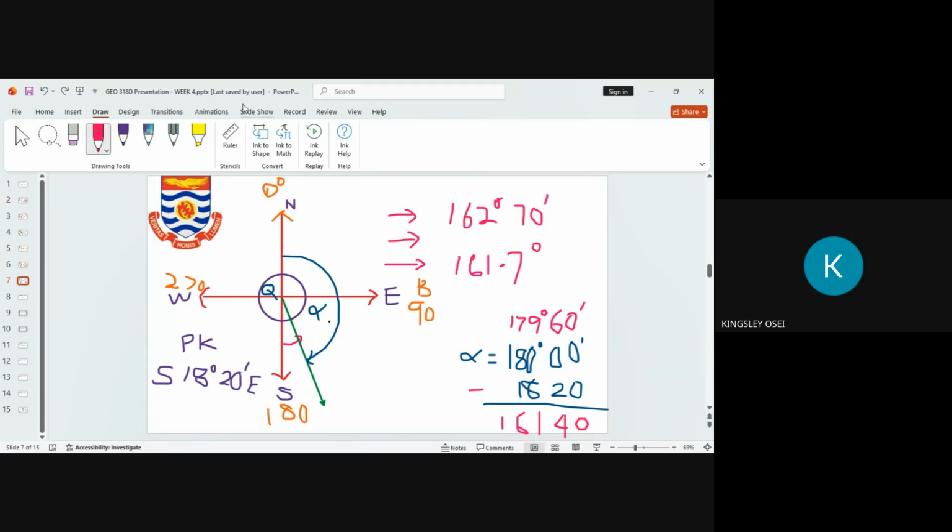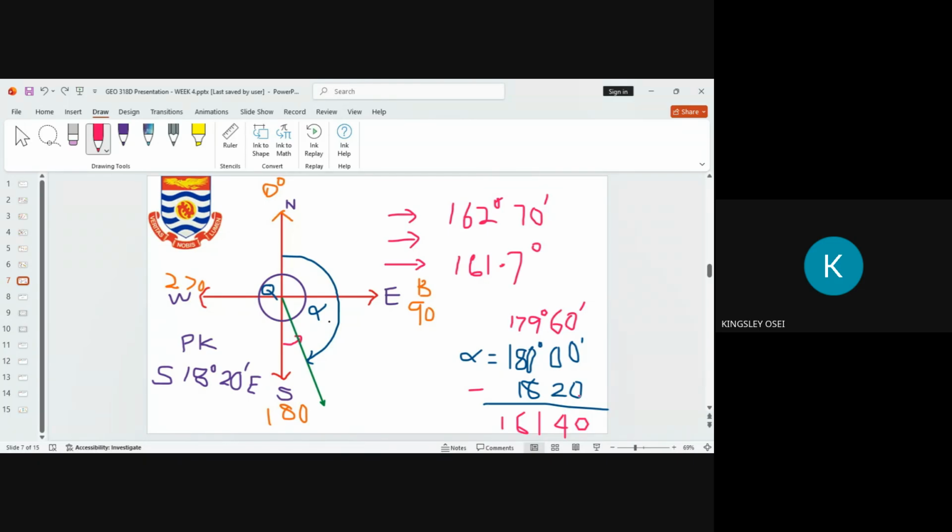It's because we started with 180 here, and the 180 is all degrees. Now we are subtracting a figure that has both a degree and a minute, 18 degrees, 20 minutes.